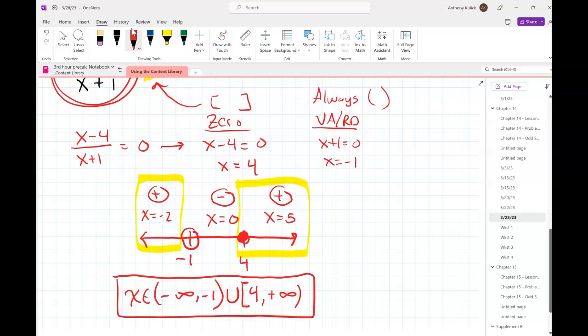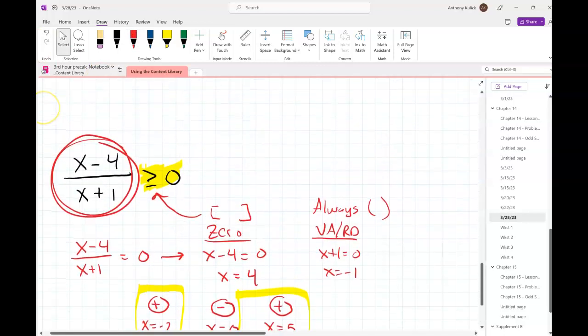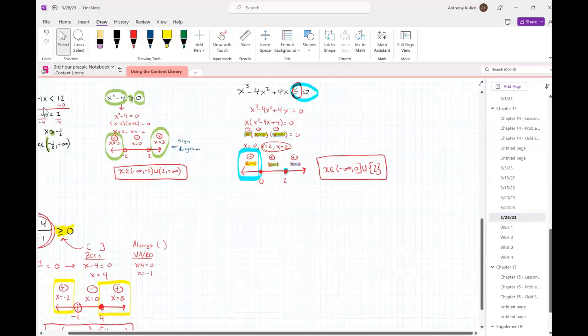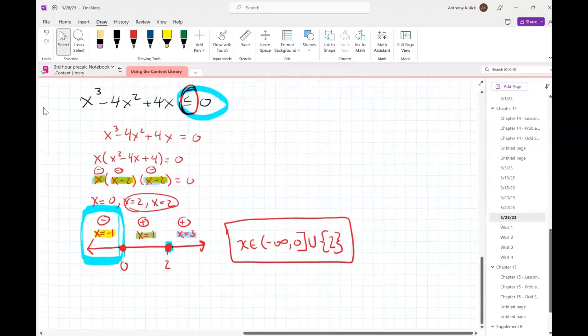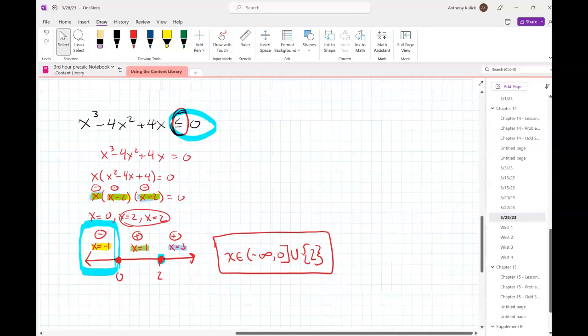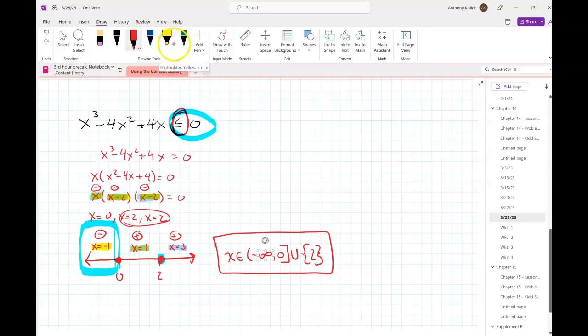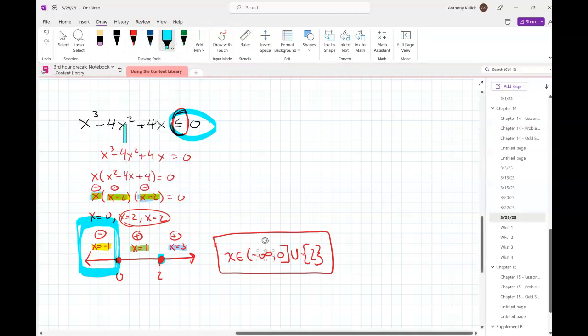Dwan. So going back to the previous question, can you explain why 2 is by itself? Yeah, so if we're looking for the parts that are negative, that are less than 0, we have this piece that's negative everywhere. But at 2, we are equal to 0, right?